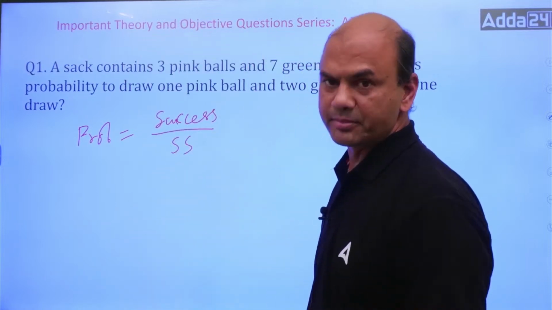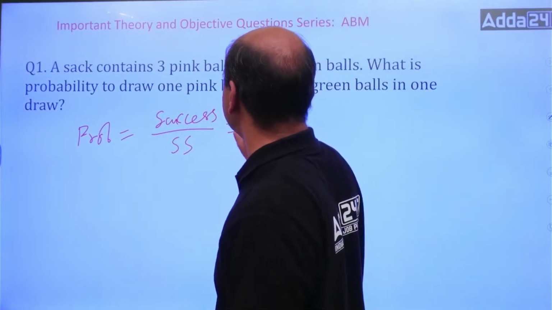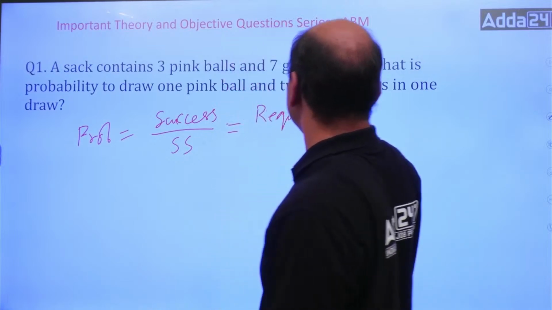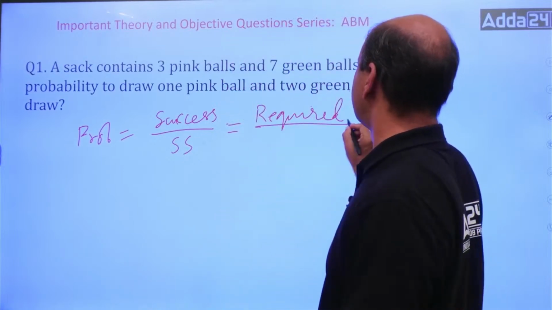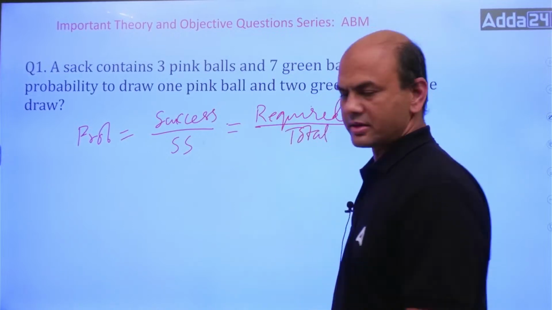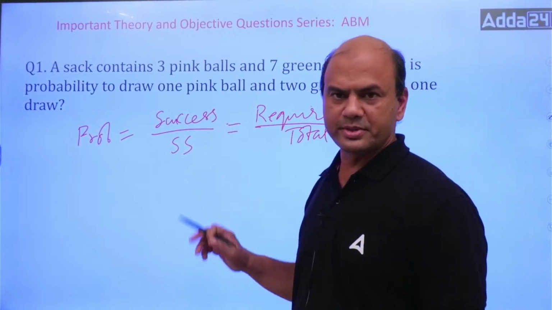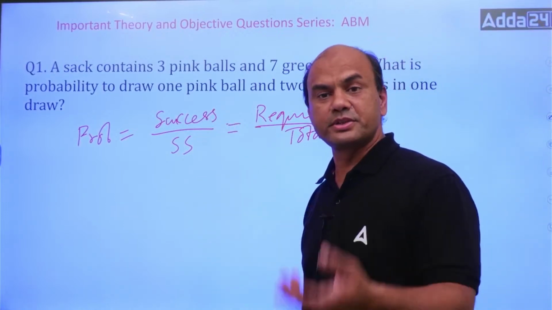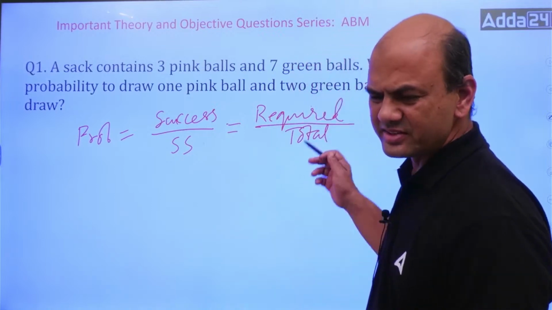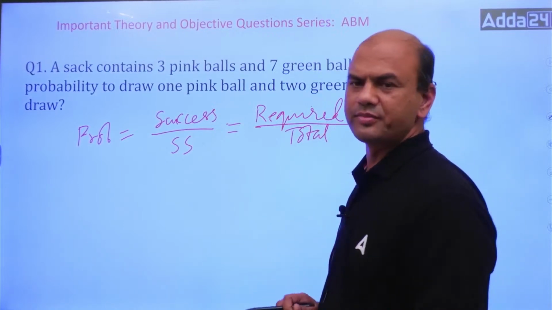Success upon sample space, or in more simple language, required divided by total. It's simpler. Generally in books they use chances of success upon total sample space. I use simple language: what is required by me and what is the total.